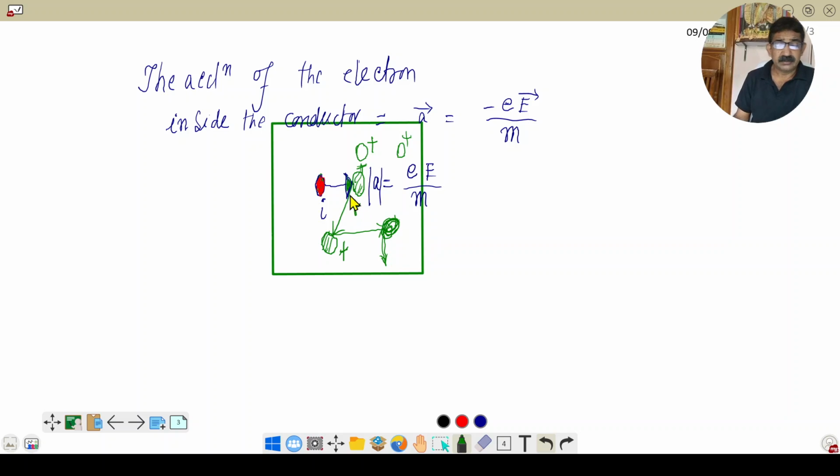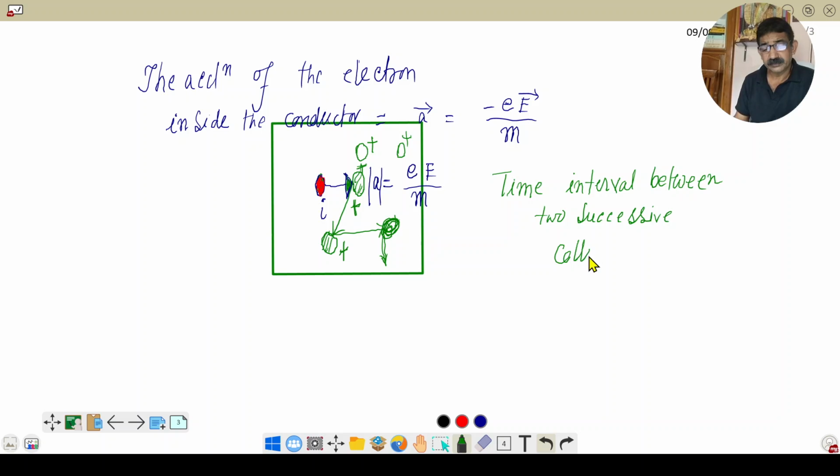And the time interval between two successive collisions is equal to tau.